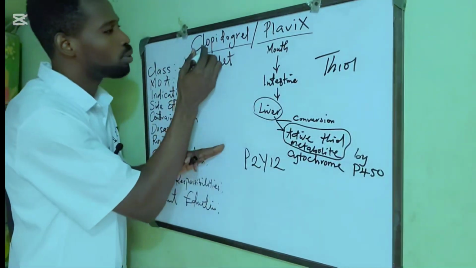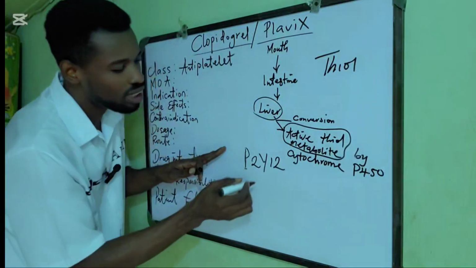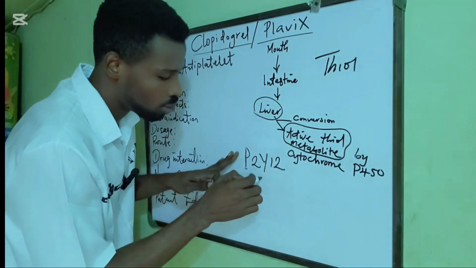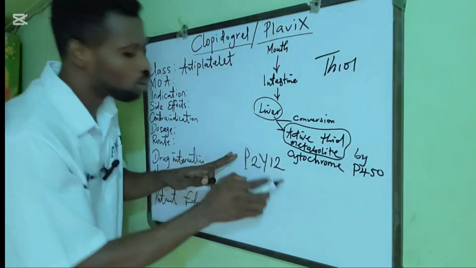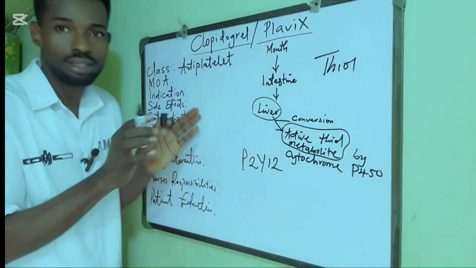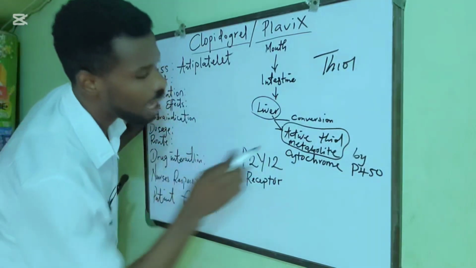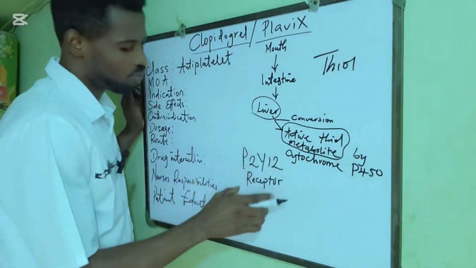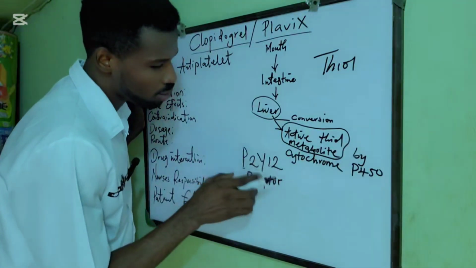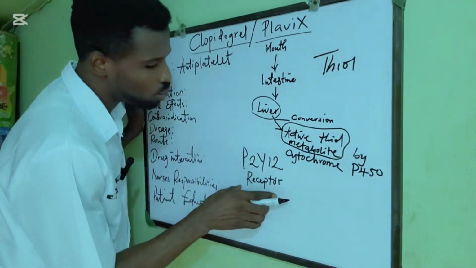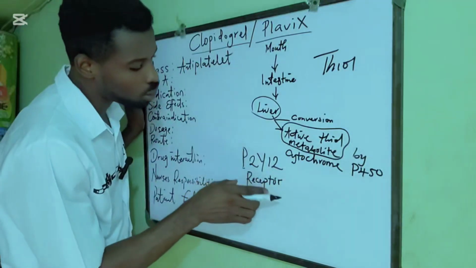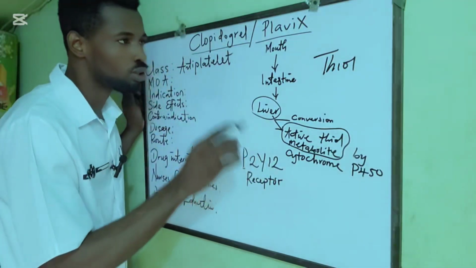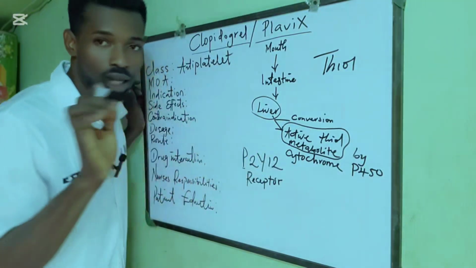So when clopidogrel binds to it, it will inhibit the action of the P2Y12 receptor, and then clotting will cease. When the active metabolite binds to the P2Y12 receptor, it simply blocks the activation and the aggregation of platelets. This is the conclusion of the mechanism of action. I hope we get it.